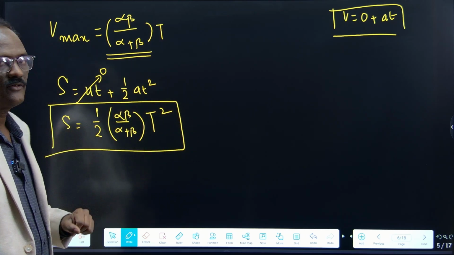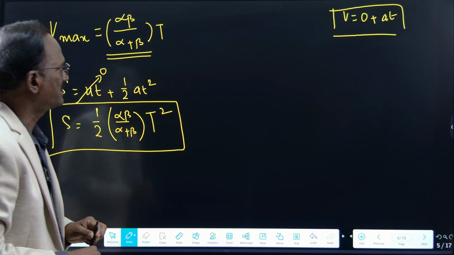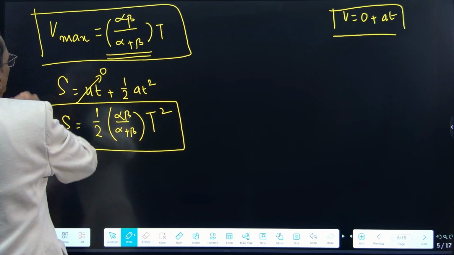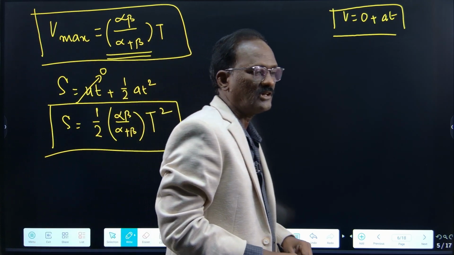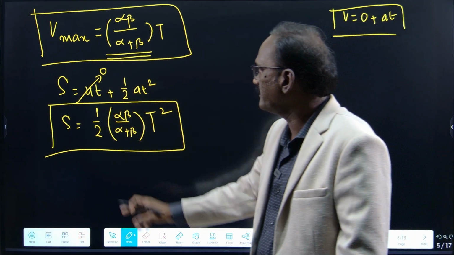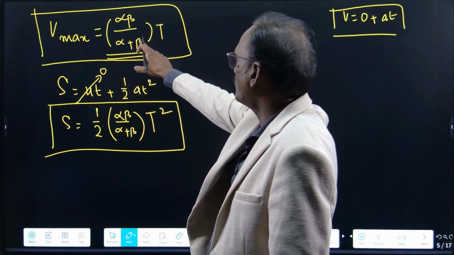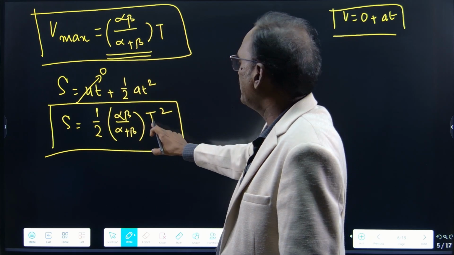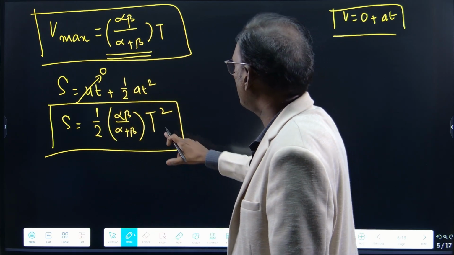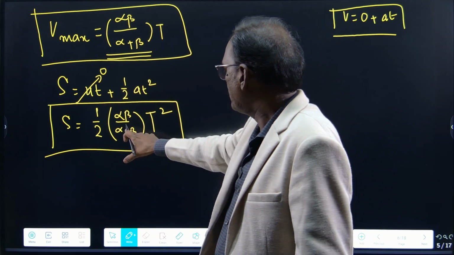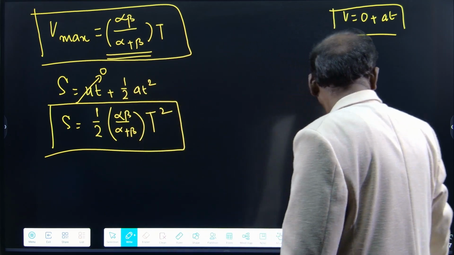So this is the formula for the total time of journey. So two formulas we have developed for this case. If both alpha and beta, that is acceleration and deceleration, are given, the maximum speed is AT, the distance covered is half of AT square. But please remember the T is a capital letter, total time. Similarly, this is combined acceleration.